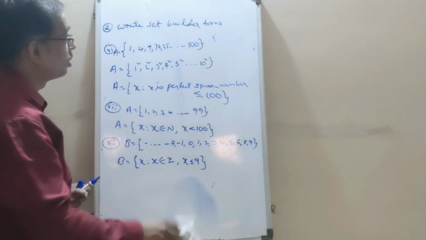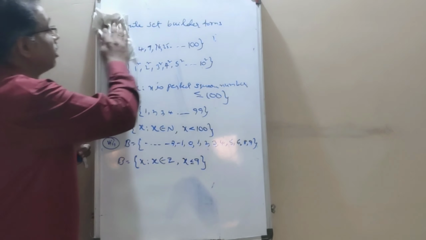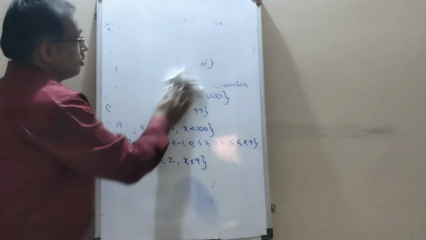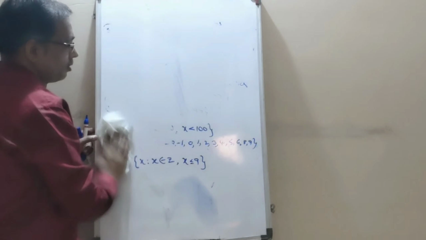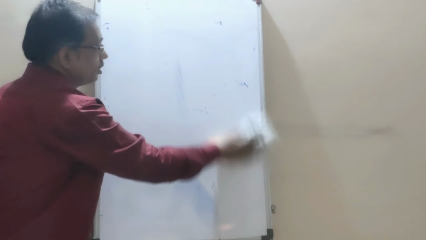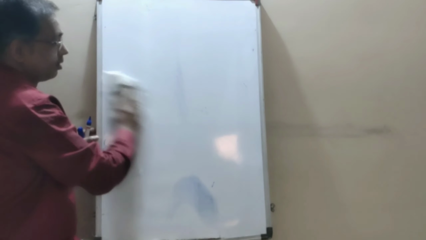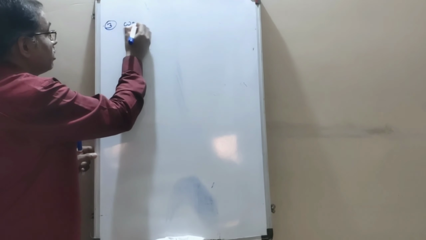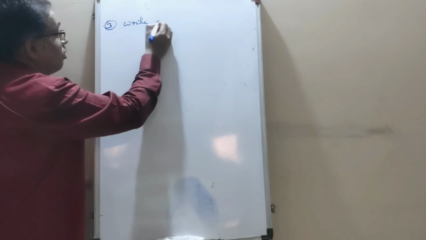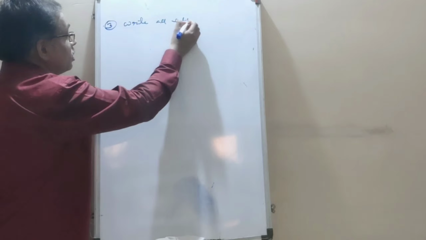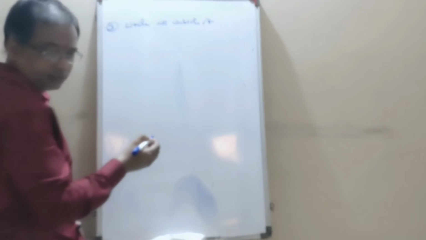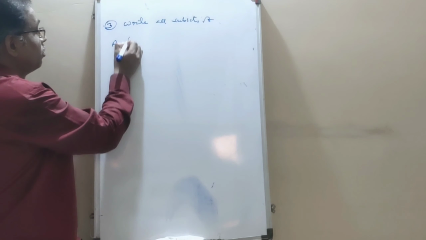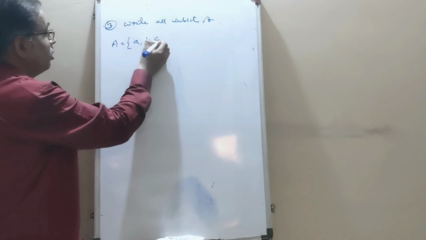Now the other concept is subsets of a given set. That means list out all subsets of the given set. So third model: write or list all subsets of set A equal to {a, b, c, d}.